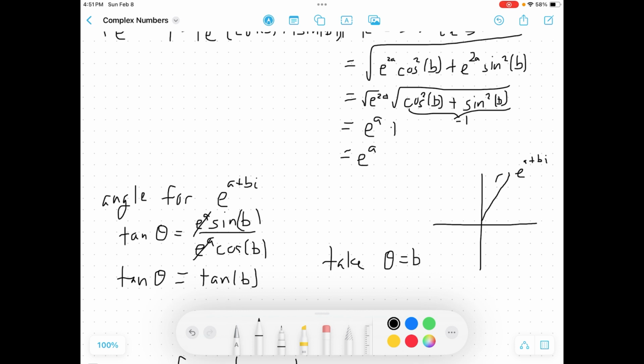We know that this radius here is going to be controlled by e to the a, and we know that this angle theta here is going to exactly correspond to b. So that's pretty cool. If we've got something in this form, we can translate pretty directly between polar and rectangular coordinates.